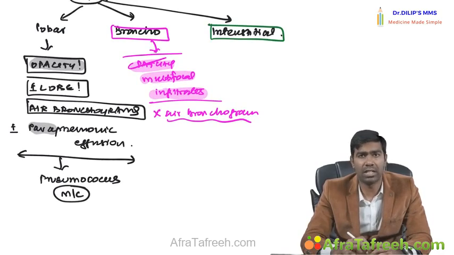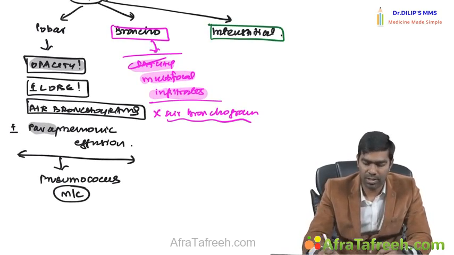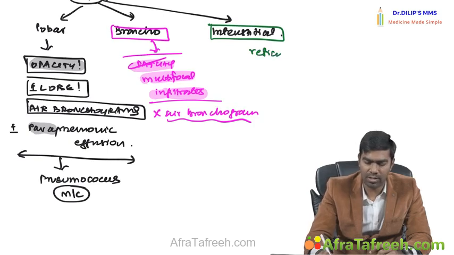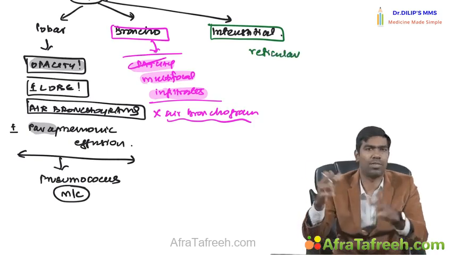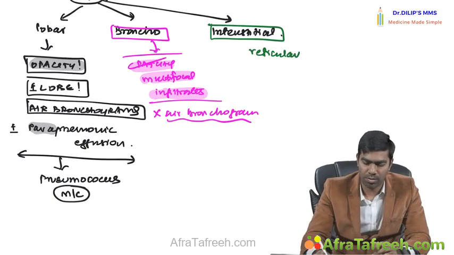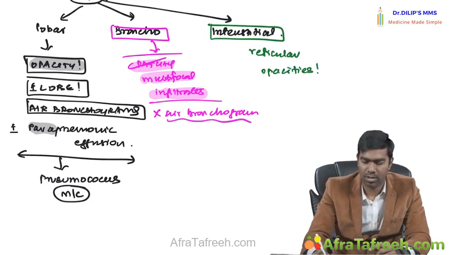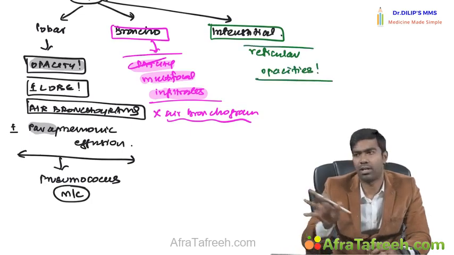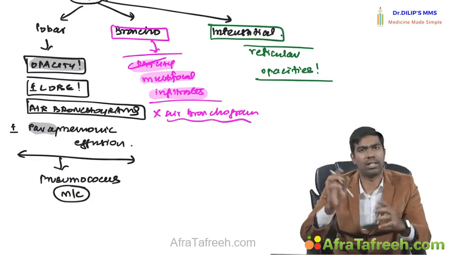If you have an interstitial pneumonia, interstitial means they will have reticular densities because it's the interstitium of the secondary pulmonary lobe. So you will get reticular opacities, and you definitely won't get any air bronchogram or signs of consolidation. Typically, there will be reticular densities going along the interstitial area.